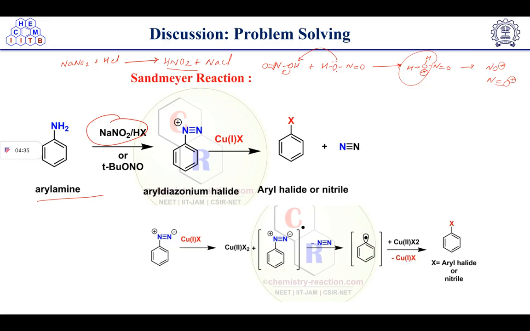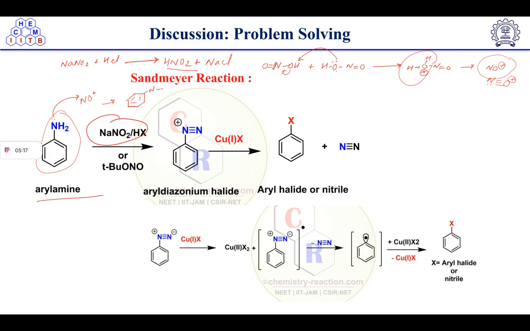Now this nitrogen has a lone pair and it can act as a nucleophile, but here the overall charge is positive. The species showing the positive charge will act as an electrophile, because in the arylamine we already have the nucleophile. So this nucleophile will attack NO plus this way, and it will form the intermediate.